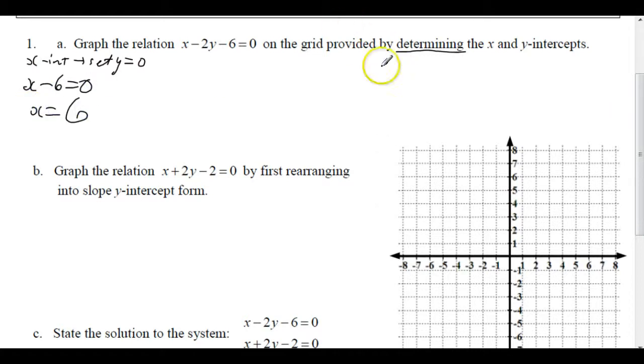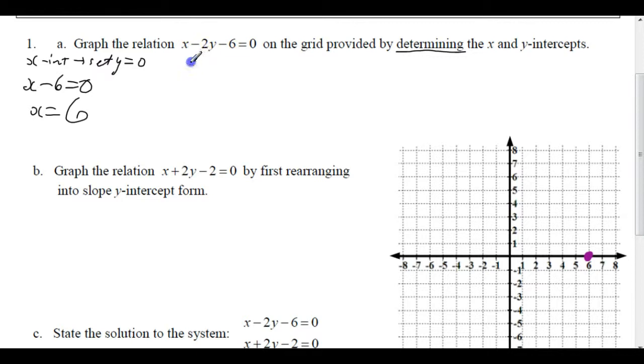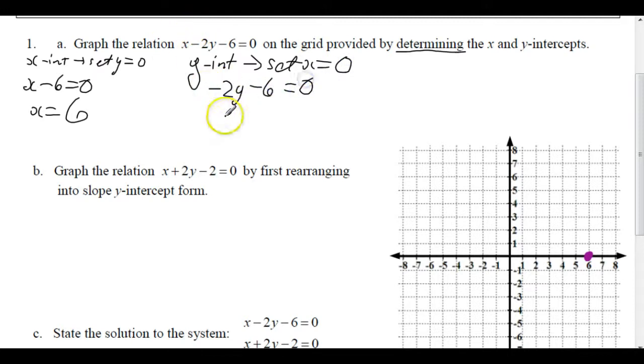The x-intercept is 6. And the y-intercept, you set x equal to 0. So I'm going to get negative 2y minus 6 equals 0. Negative 2y is equal to 6. y is equal to negative 3.